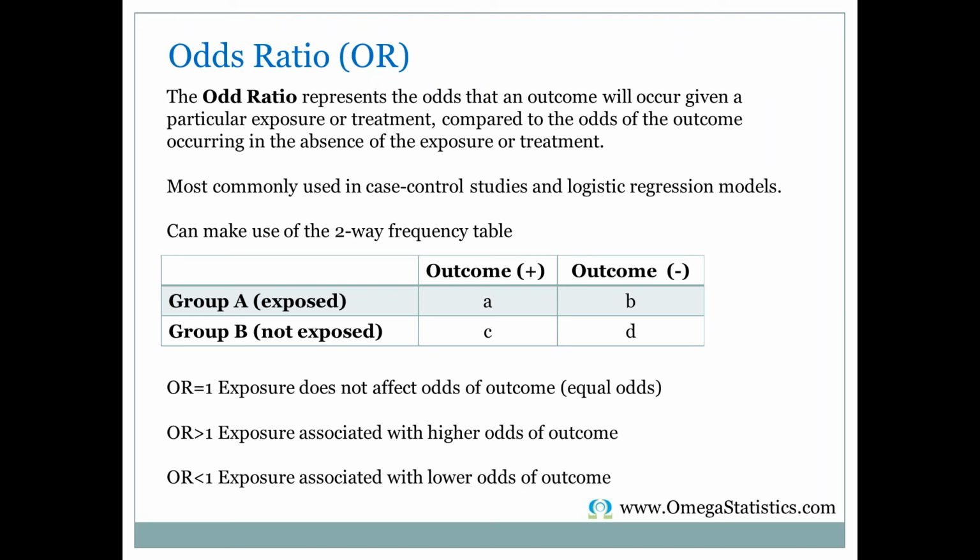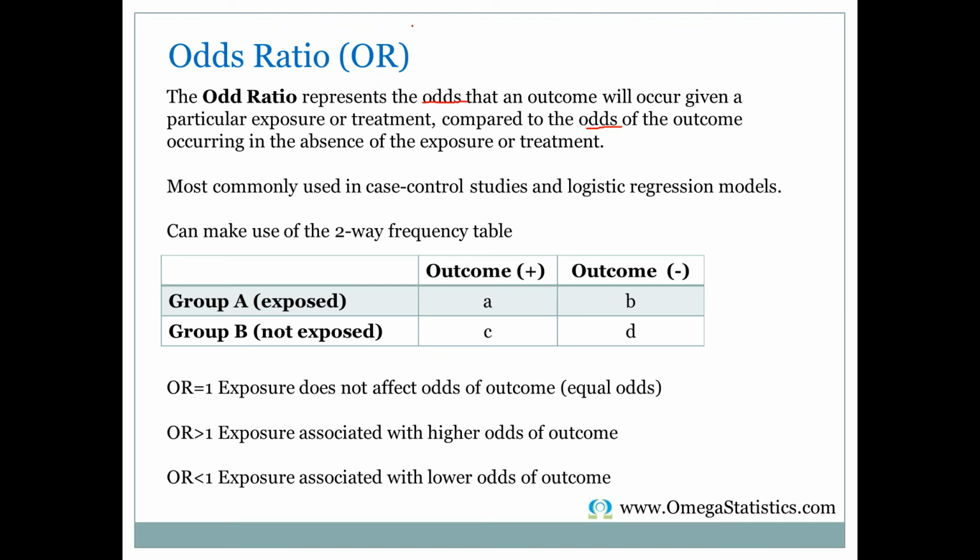Okay, so odds ratio. It's one of my favorites. It represents the odds that an outcome will occur given a particular exposure or treatment compared to the odds of the outcome occurring in the absence of the exposure. So here we're saying the odds, right? So now we're dealing with odds again. Odds ratio, I always say it's like a ratio of ratios, okay?